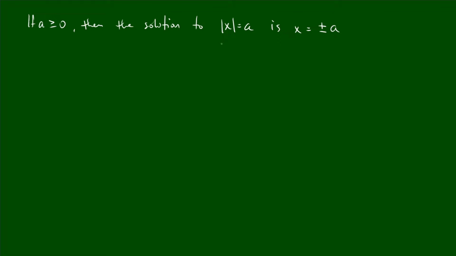Because if you have a negative number or a positive number inside the absolute value, all you're asking is the distance from that value to 0, or the distance from 0 to that value, which is going to be the value itself, but in the positive version of that value.